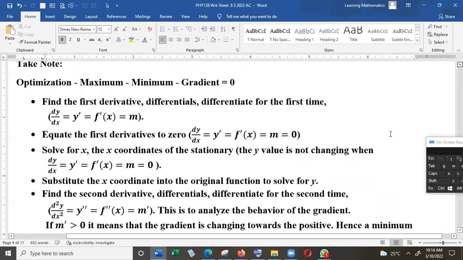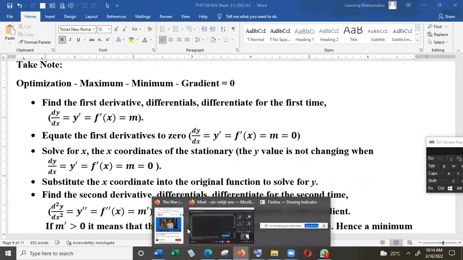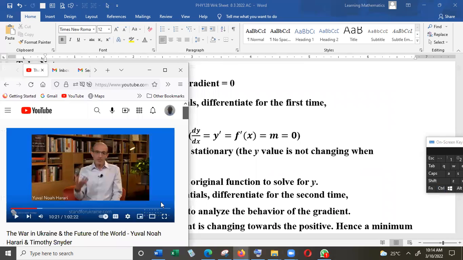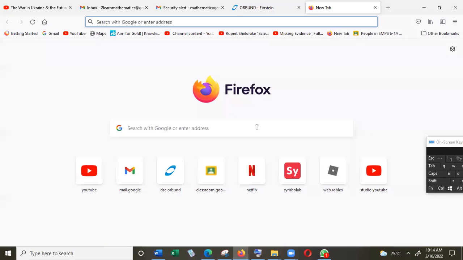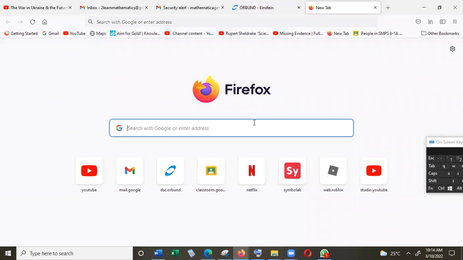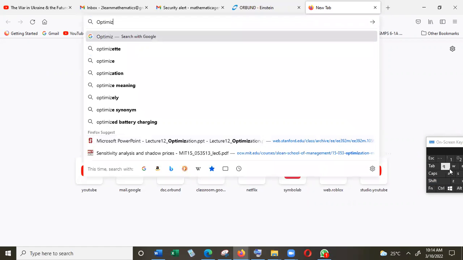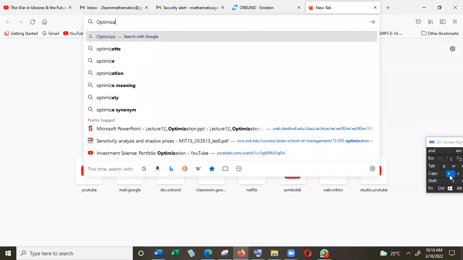And just for curiosity, we can go to Google and type optimization in mathematics.